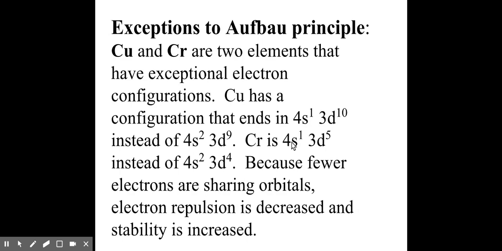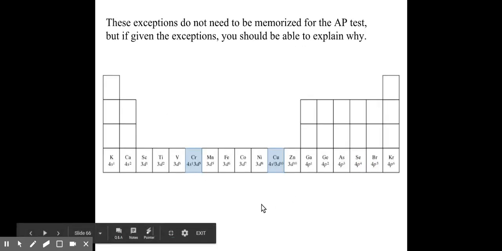Likewise, chromium will have a 4s1 and a 3d5 instead of 4s2, 3d4. That 1 electron jumped up to fill that 5th orbital. So fewer electrons are sharing orbitals, and then electron repulsion is decreased and stability is increased.